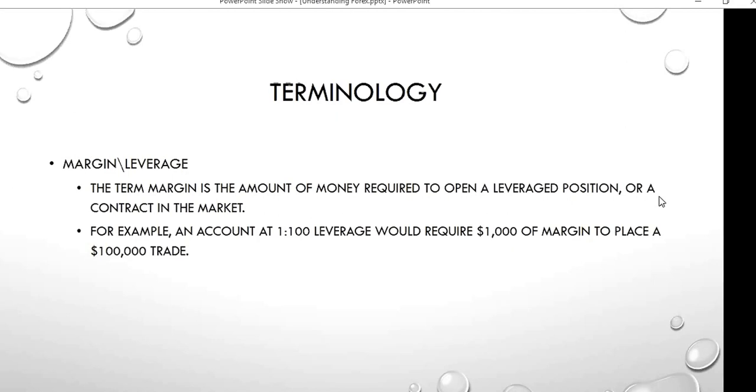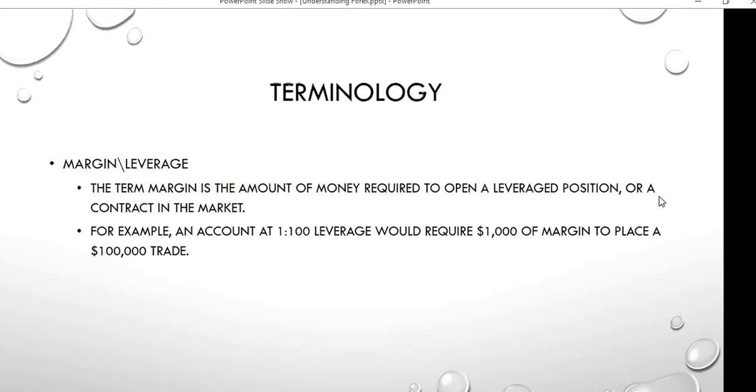Okay, now margin and leverage. So the term margin and leverage is just basically the money required to open up a trade, or contract, in the market. Most brokers come with leverages from either 1:1 or 1:1,000, which is very high. But let's take, for example, you have a leverage of 1:100.